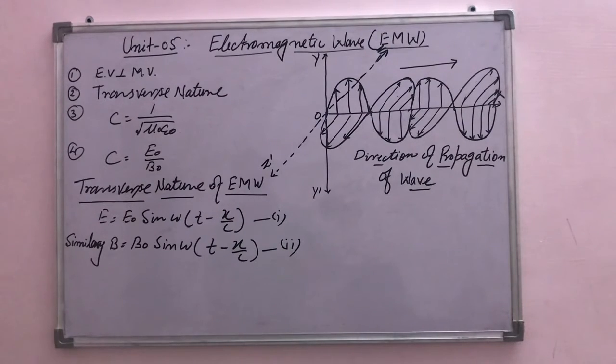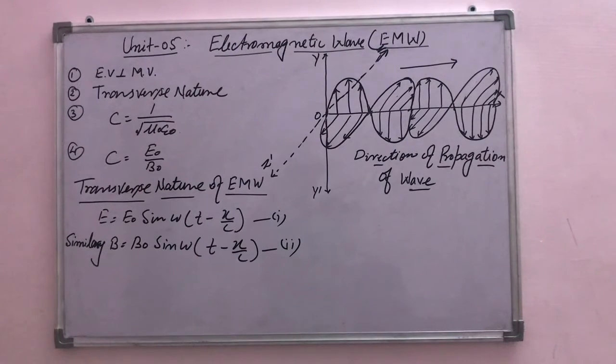Point number 3 is the electromagnetic wave does not require any material medium for propagation. And point number 4 is the electromagnetic wave travels with a velocity c equal to 1 upon square root epsilon naught mu naught.